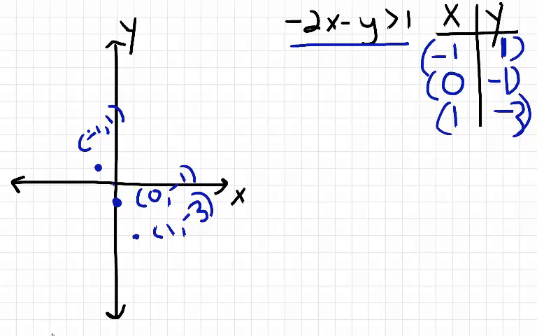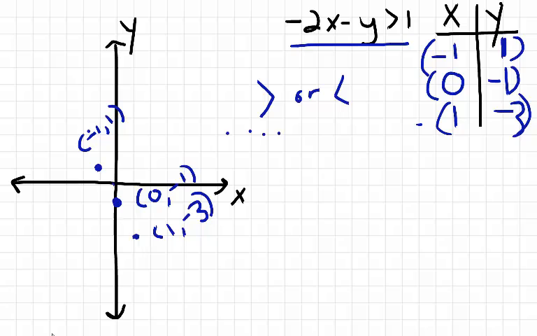Now I need to graph the line. In order to graph the line in an inequality, you need to know whether you're going to plot a dotted line or a solid line. If you're working with greater than or less than, it's a dotted line.